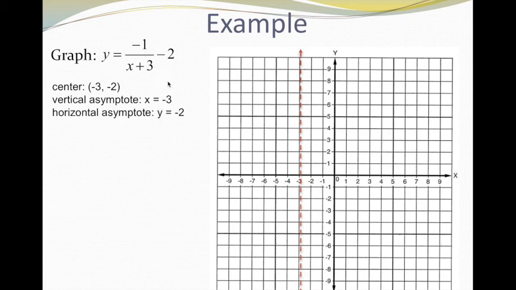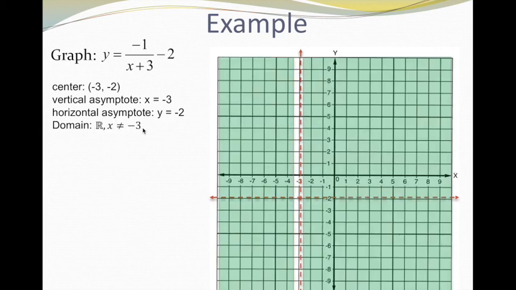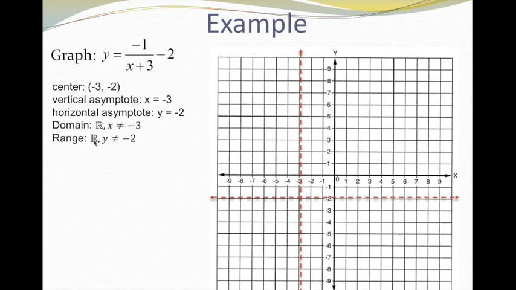My horizontal asymptote is y equals negative 2. So my domain is all real numbers except x cannot equal negative 3, and my range is all real numbers except y cannot equal negative 2.